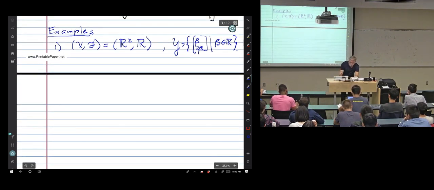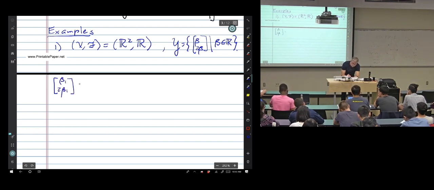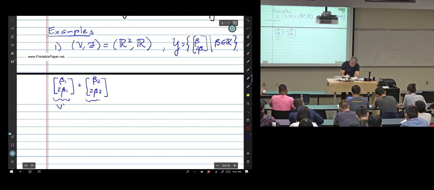So what you would check typically is, let's check if it's closed under vector addition. So we'll put a beta 1 and a 2 beta 1. Take another arbitrary point in Y. So here's our V1, here's our V2.